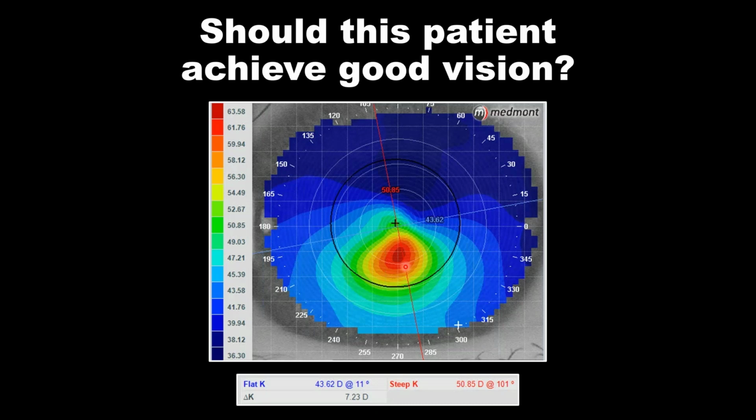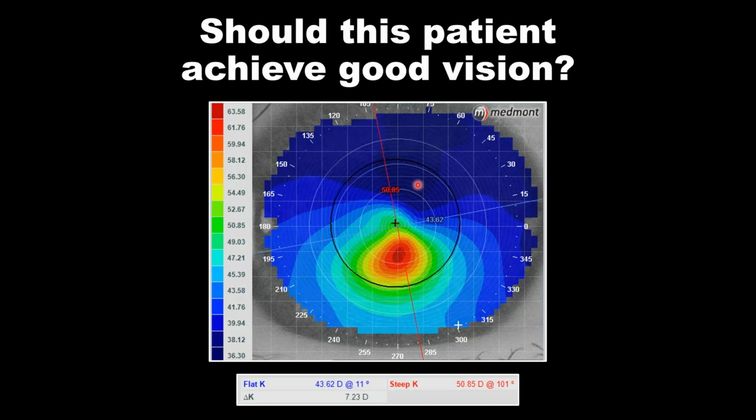But of course, K readings are going to struggle to measure this eye when we don't have a defined flat or steep meridian. We have a very irregular corneal shape, and we can look at the powers distributed within this eye. We go from 63.5 diopters here to 36 diopters down here. So that's about a 27 diopter differential in power from this point to this point.